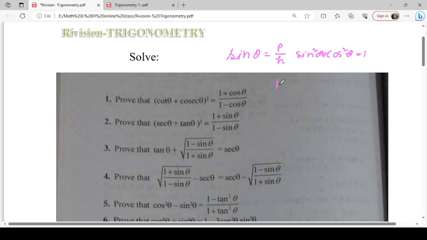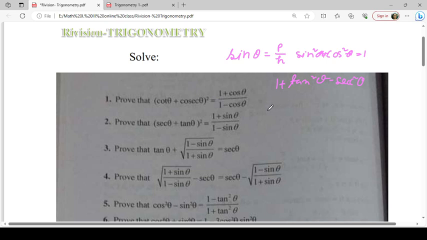Then 1 plus tan square theta is equal to sec square theta. You are all familiar with this formula, and applying this formula, these problems are solved.